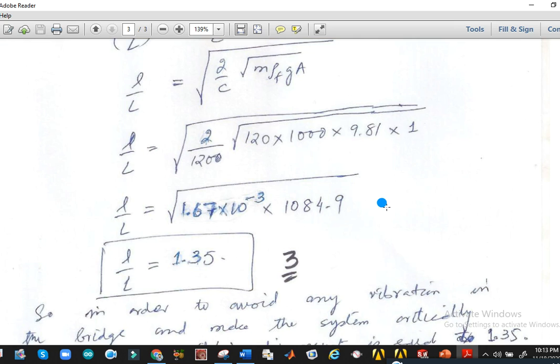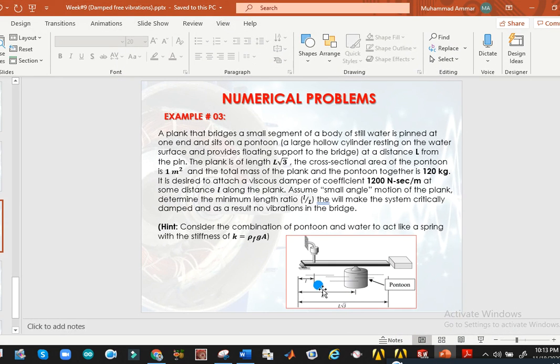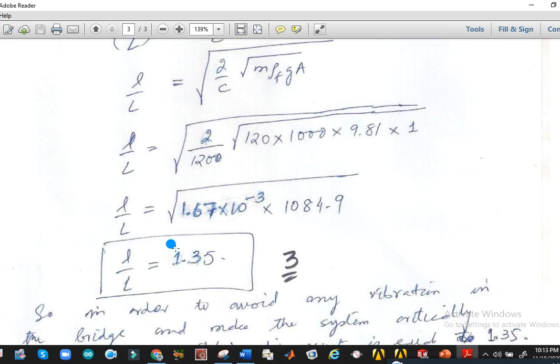For example, if the stiffness element is located from the pivot point at capital L, a unit length of 1 meter, then according to this expression I have to place the damping element at a distance of 1.35 meters from the pivot point.